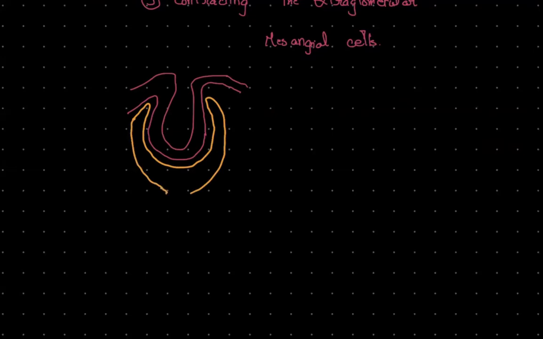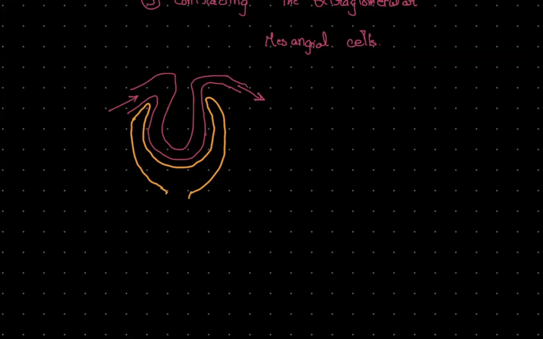This is my Bowman's capsule here. This is my glomerulus, my glomerular capillaries. The blood is coming in through the afferent arteriole, and it's drained out from the glomerulus through the efferent arteriole.